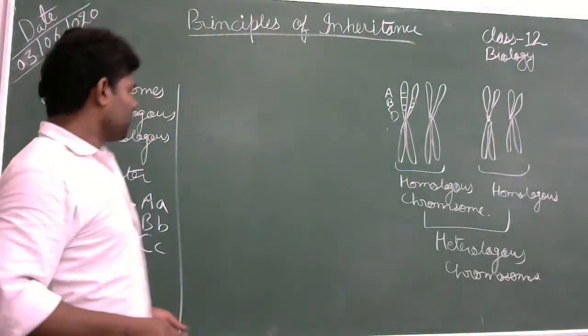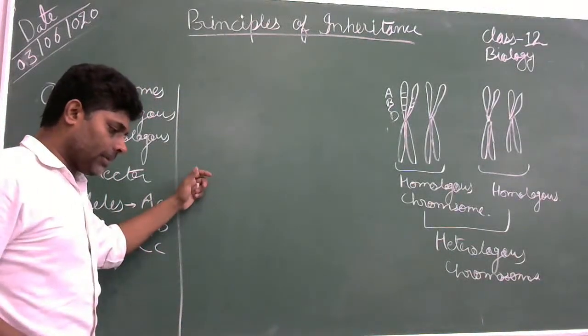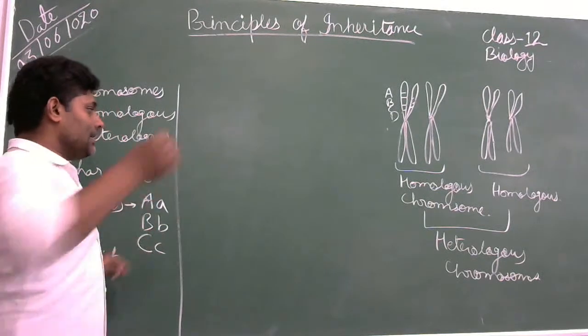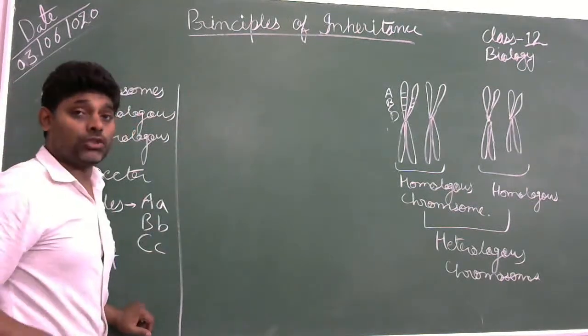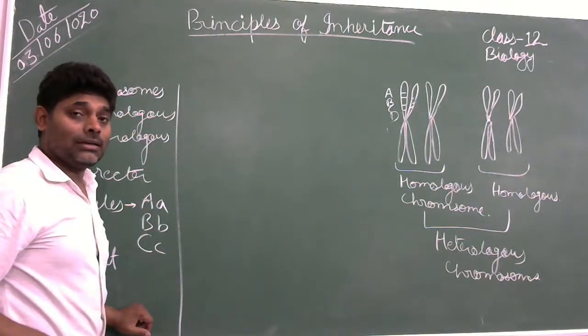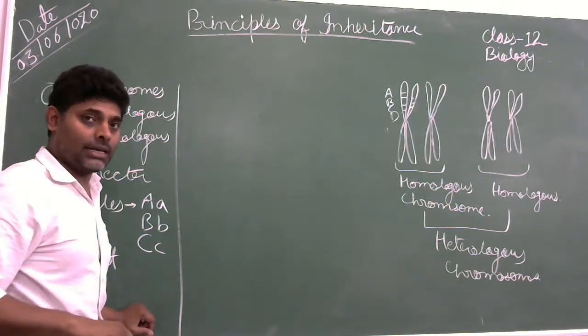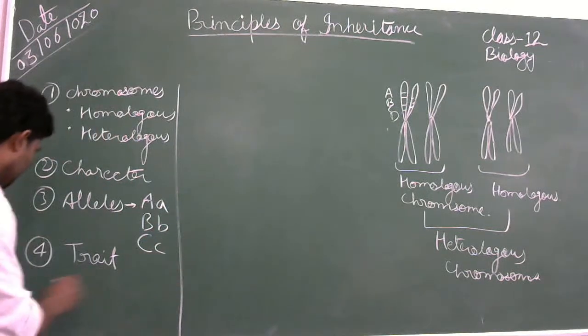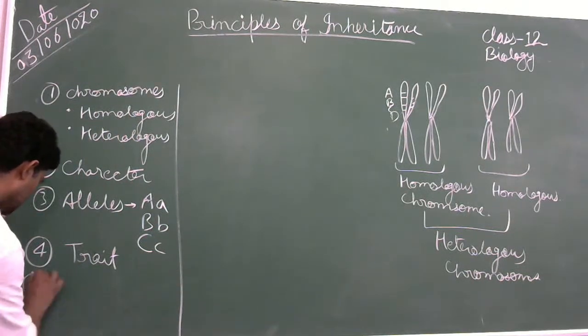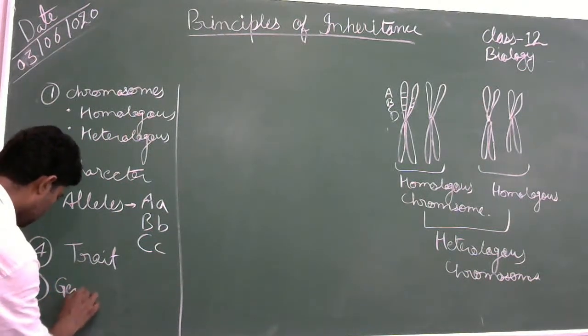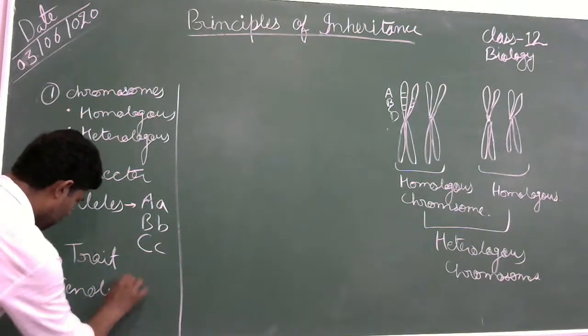The next one, we are seeing the genetic constitution. Means if we are seeing the genes, what genes are present there, then this is termed as genotype.